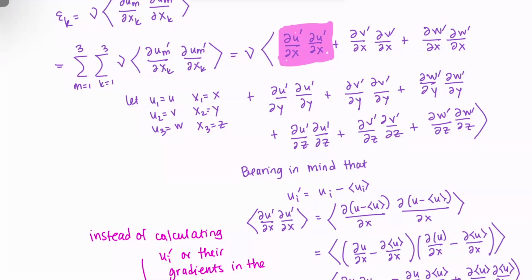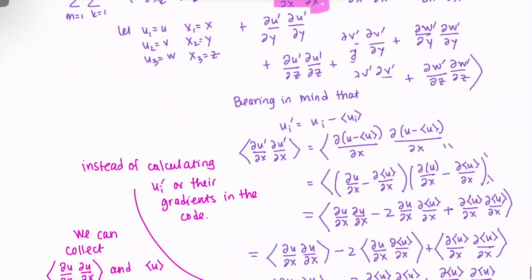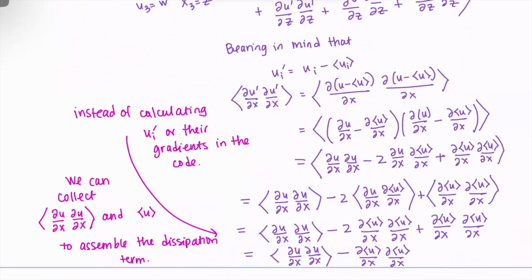So the off diagonals will have, like, partial u prime partial x times partial v prime partial y, for example. But those are the off diagonal terms. Does this make sense? Okay, cool.